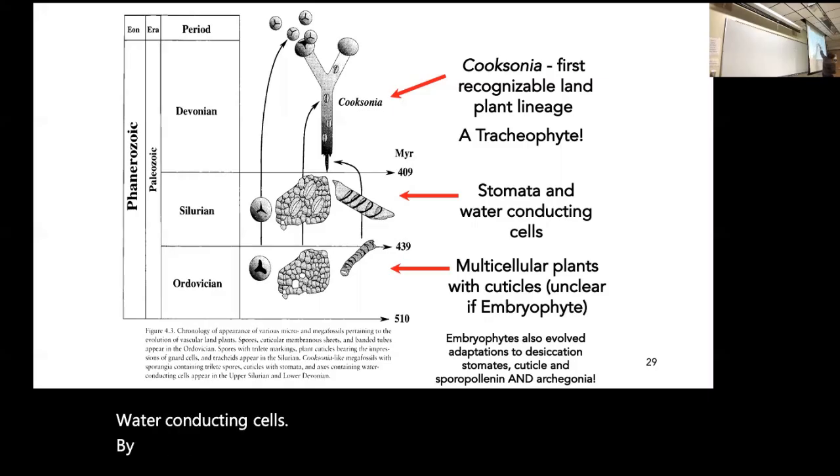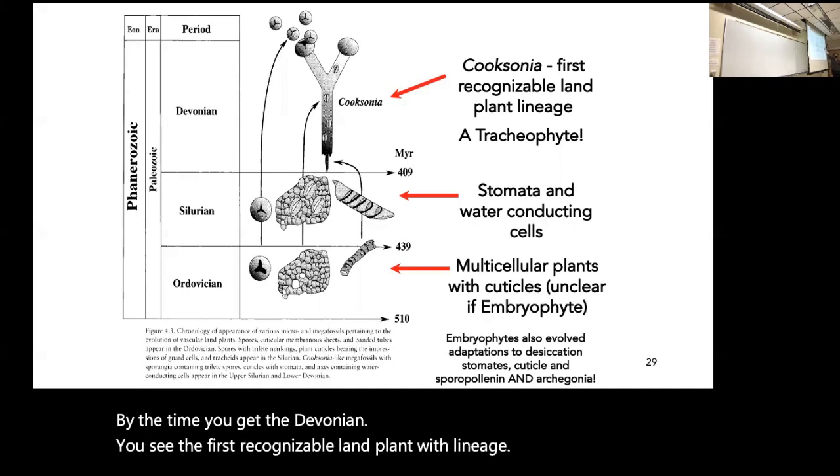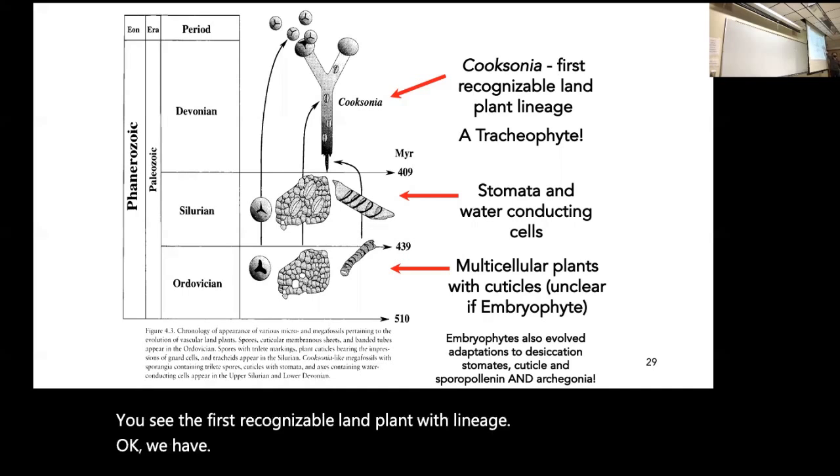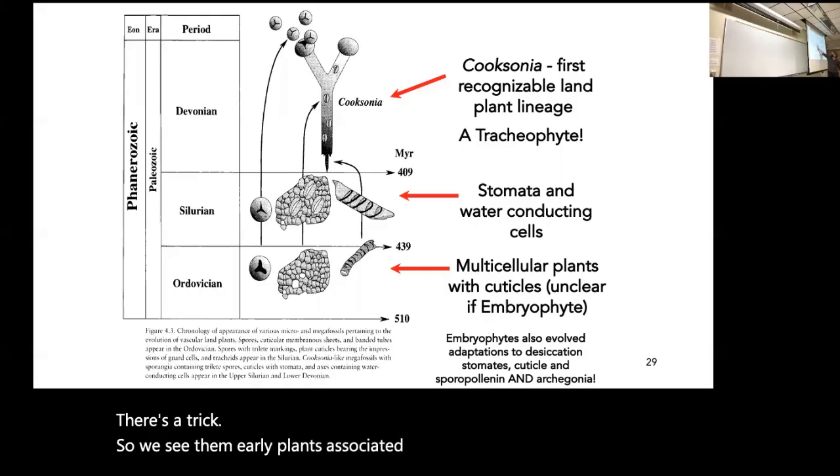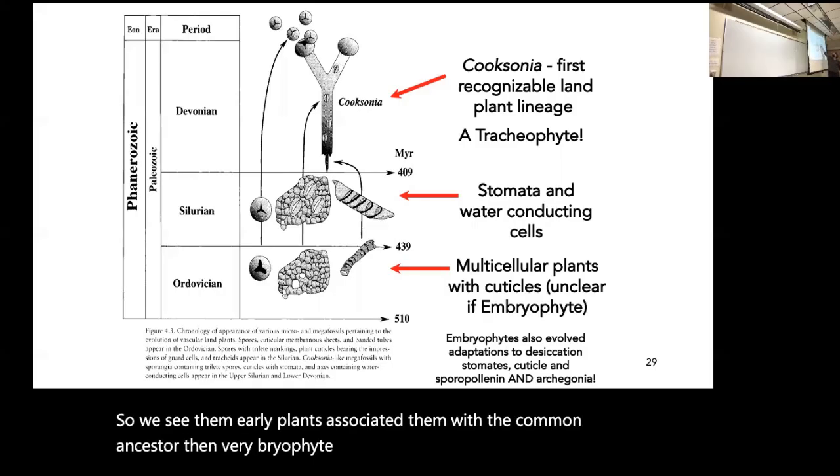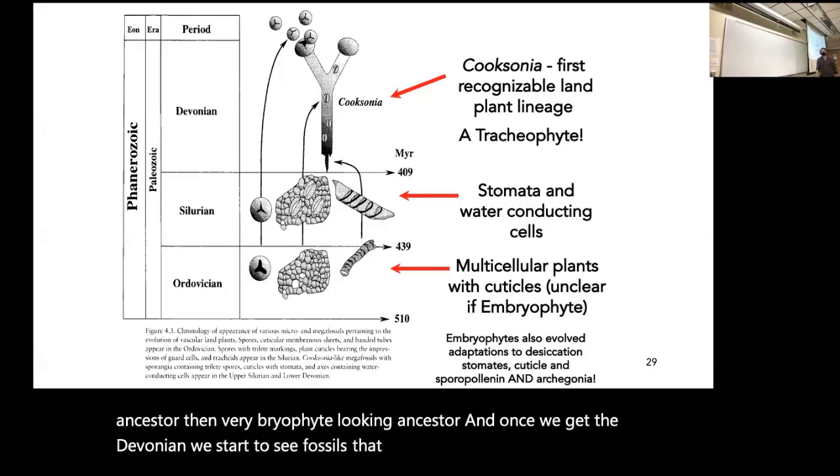By the time we get to the Devonian, we see the first recognizable land plant lineage, where we have entire fossils: the tracheophytes. We see early plants associated with the common ancestor, a very bryophyte-looking ancestor, and once we get to the Devonian, we start to see fossils that look like tracheophytes.